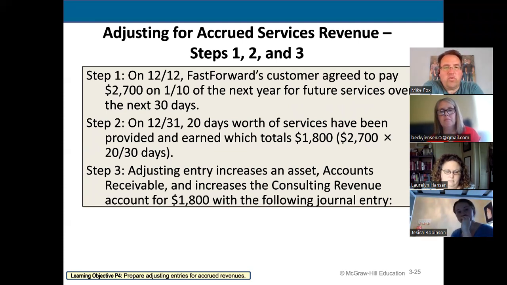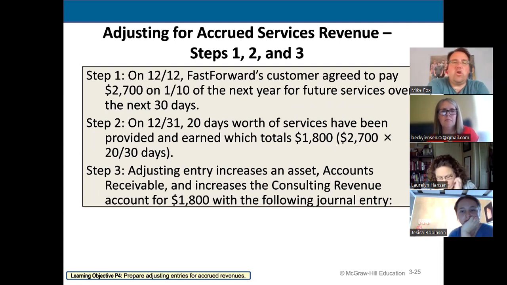So by 12/31, we've earned 20 days worth of that money. Okay, so we're doing the work for them, but they're going to pay us upon completion of our work. So what we have to do is take 2,700 and divide that by 30 to get the daily amount, and then multiply that by 20 days. And so at the end of the year, we'll say, hey, we've earned $1,800 this year, right?